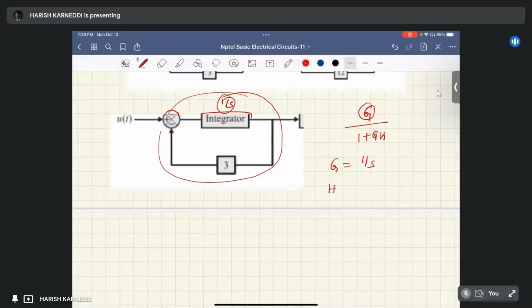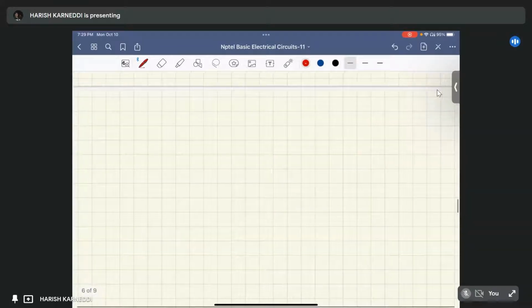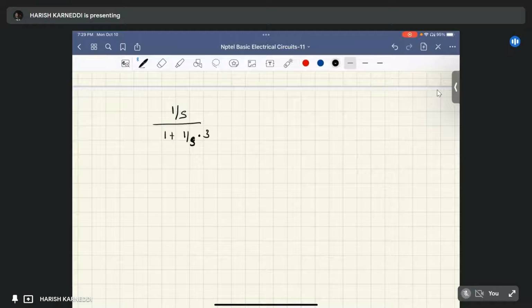In place of H, we have 3. So the closed loop transfer function is G by 1 plus GH. The G is 1 by s, over 1 plus G, which is 1 by s, into H, which is 3, right?